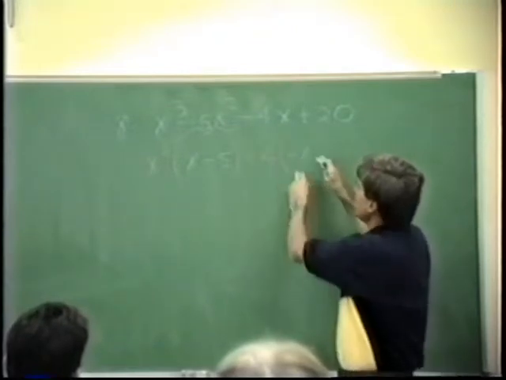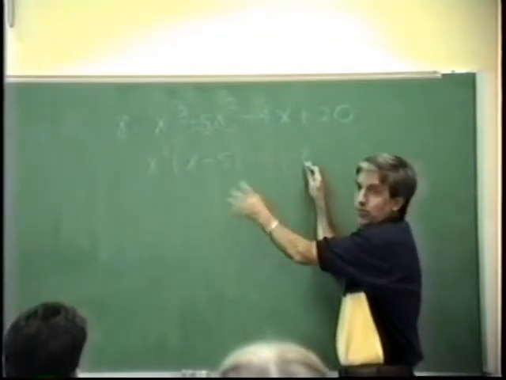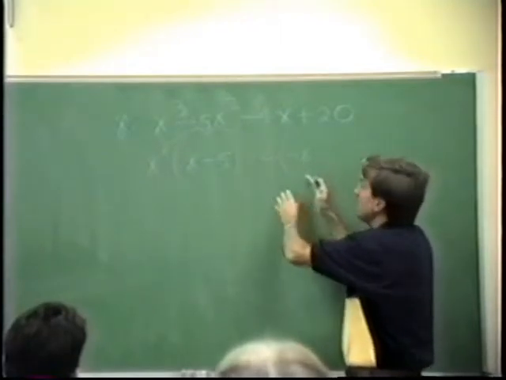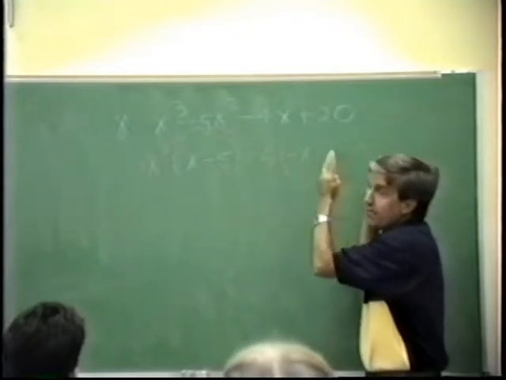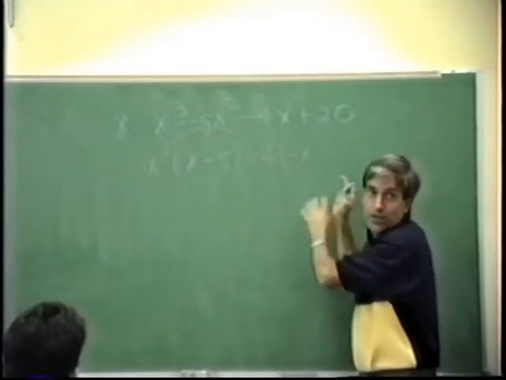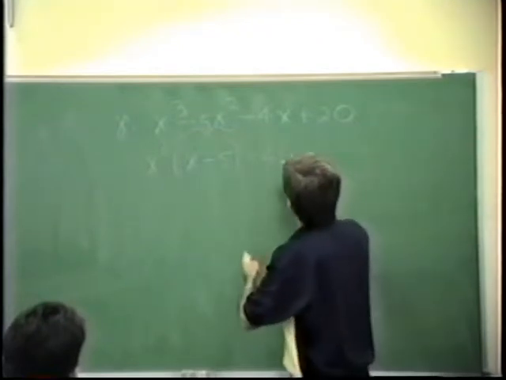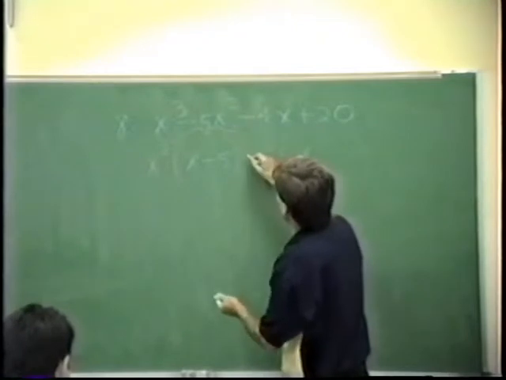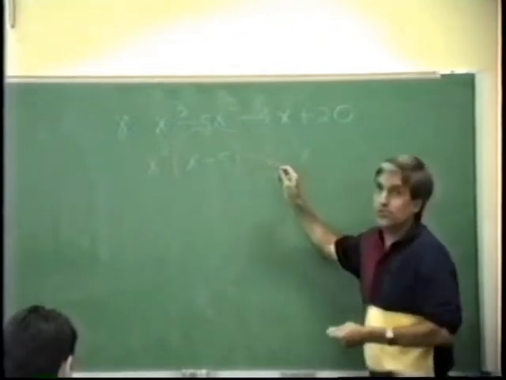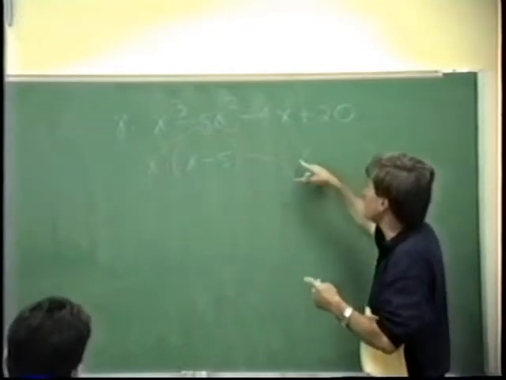Is that matching up with this? And in order for this factoring by grouping to work, you have to have exactly the same thing here as you do there. Because if you don't have a common factor, you're dead in the water. You're not going anywhere. You must have a common factor. So to make this match up, we'll have to factor out what? Not 4, but negative 4. So let's factor out a negative 4. And what does that leave in the first position? x.